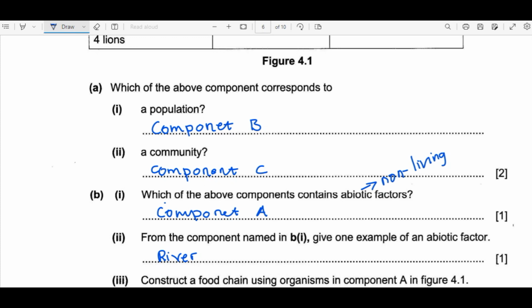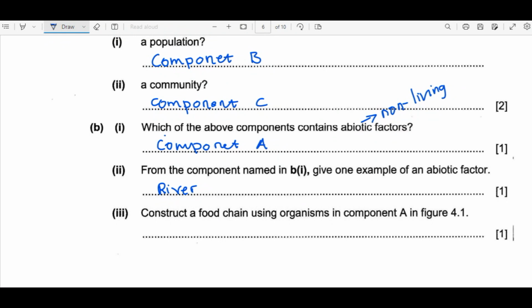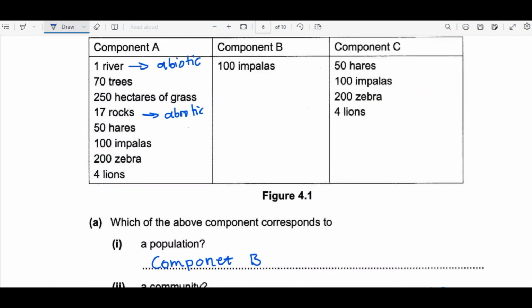Then construct a food chain using organisms in component A in figure 4.1. The food chain always begins with a producer. So we'll say we have producer, primary consumer. Then after primary consumer, we have secondary consumer. So just use the 3 since we are not told how many trophic levels we are supposed to use. So let's go back. The producers should be green plants.